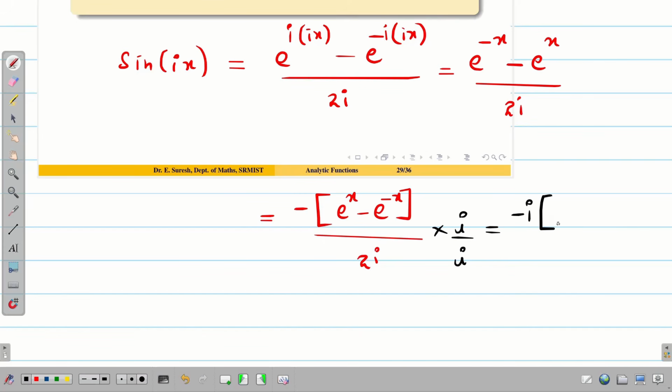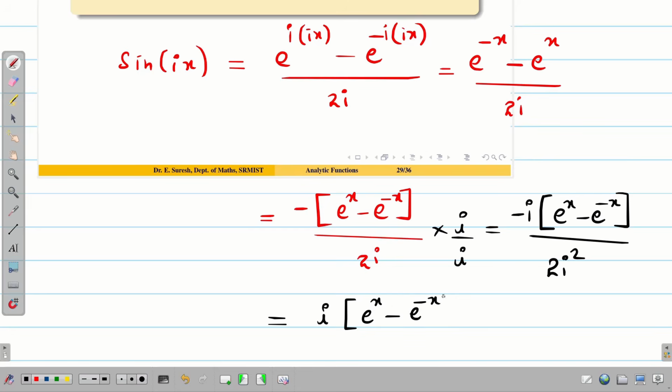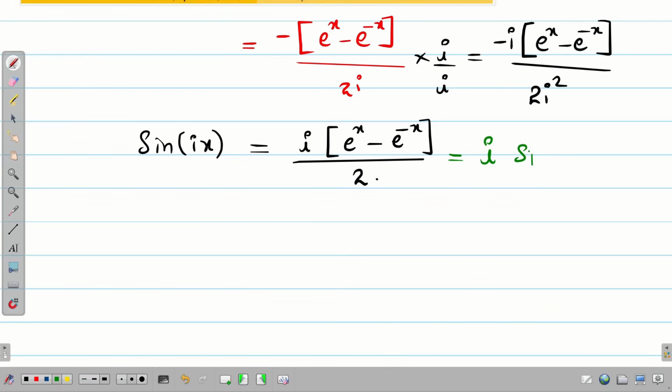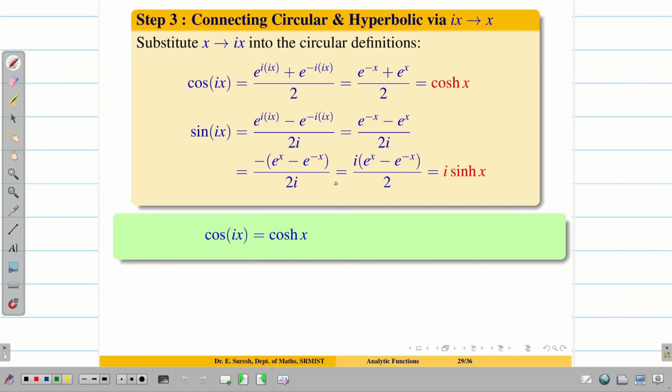Simplifying, we get minus i into e power x minus e power minus x divided by 2i square. i square is minus 1, so minus minus get cancelled. We get i into e power x minus e power minus x divided by 2. So this is equal to i into sinh x. Therefore, cos of ix is cosh x, and sin of ix is i into sinh x.